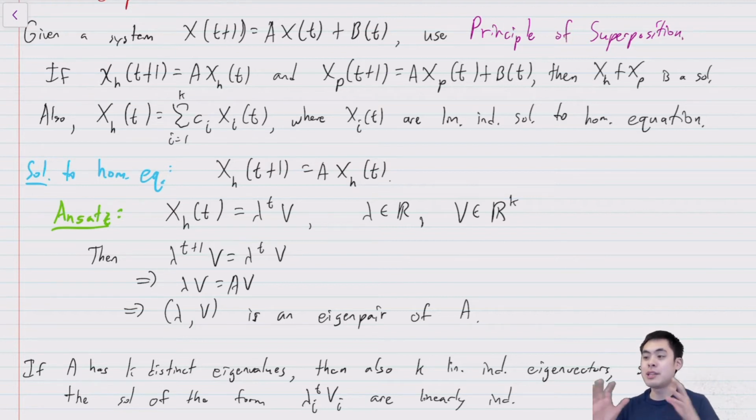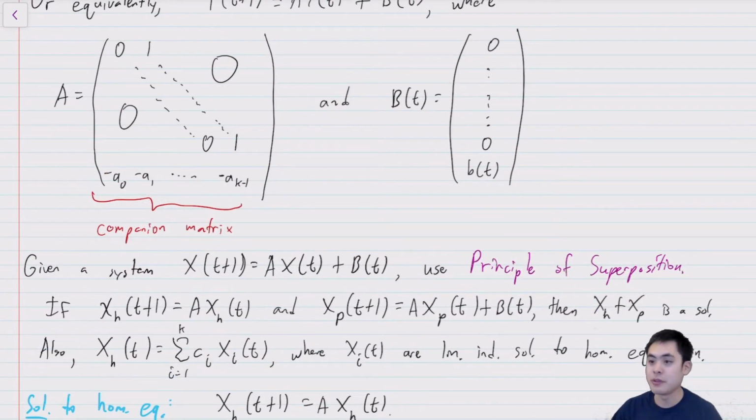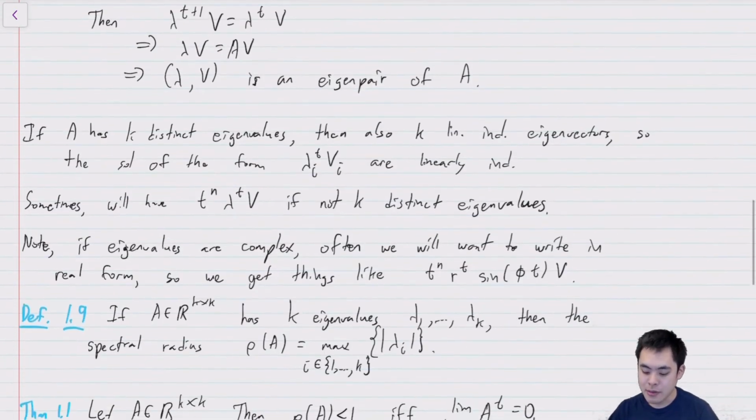So the connection between this and what we did last lecture is that if you take a higher order difference equation, turn it into this sort of matrix form, then the roots of the characteristic equation are precisely the eigenvalues of A. If you take the determinant of our matrix A, you'll find that that equation is precisely the characteristic equation of the other form. And that has to do with the way we've created our companion matrix.